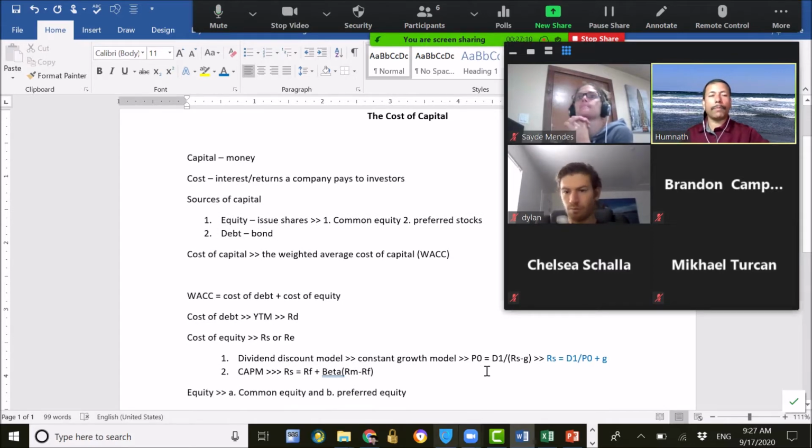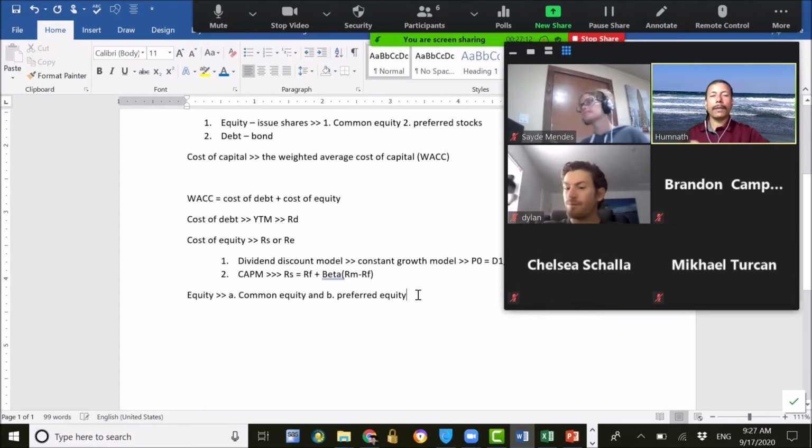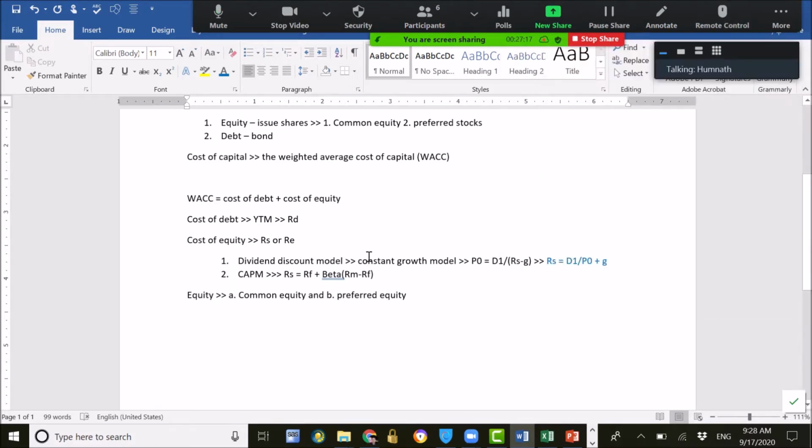Let me go down here and summarize the cost of capital this way. WACC equals the percentage of debt times R sub D. Everybody clear what R sub D means?